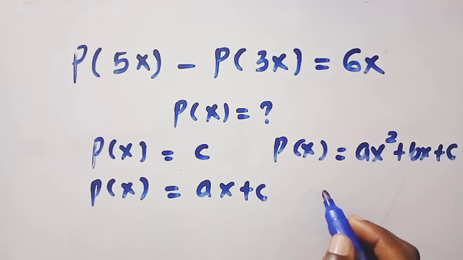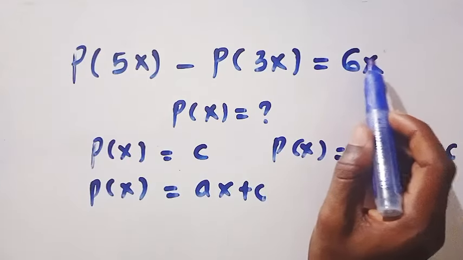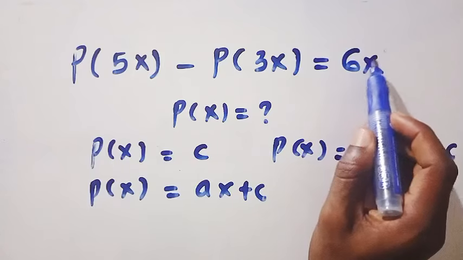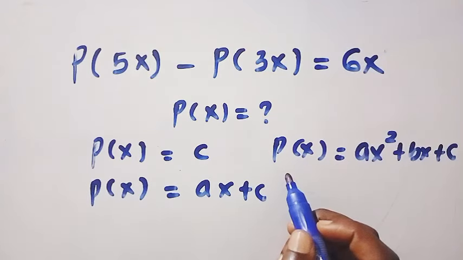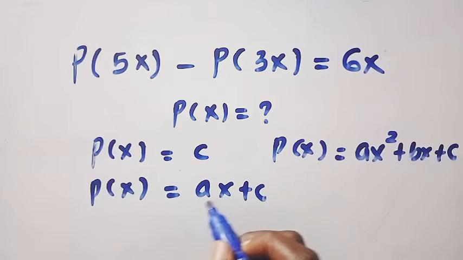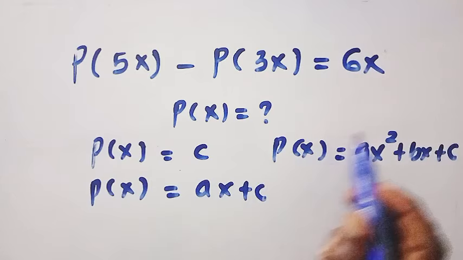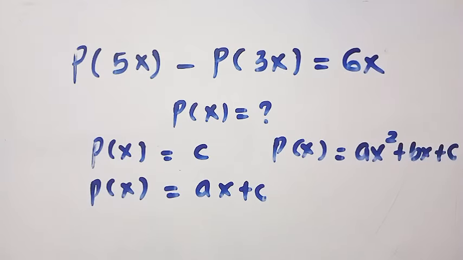We have to make it general in case the power is not 1. Suppose the power is 2, 3, or more than that. So we cannot just start assuming any particular polynomial form. We have to make it in a robust way. So let's get into it.